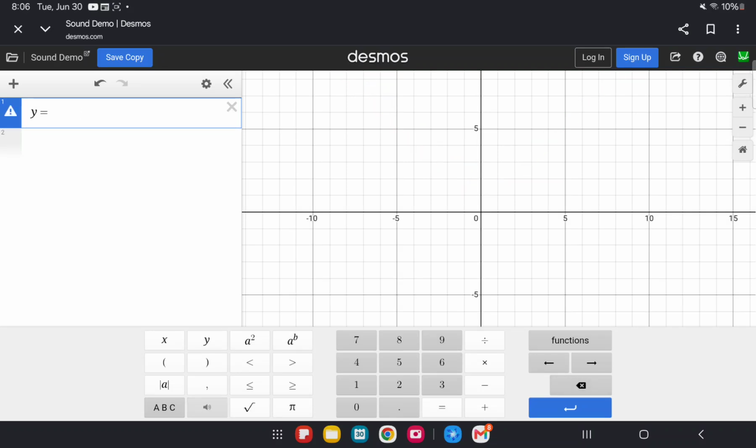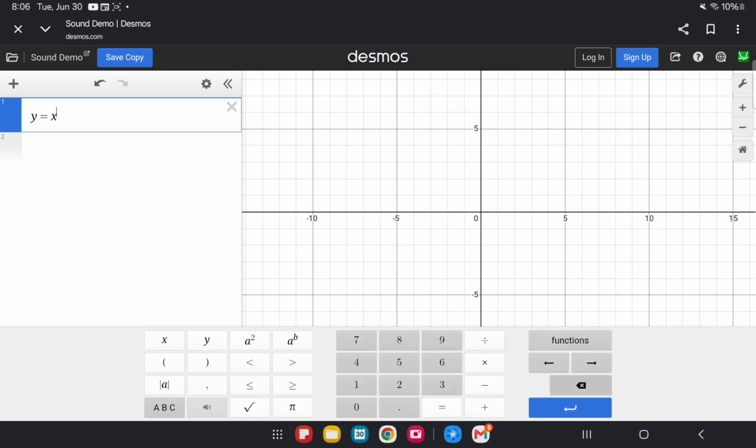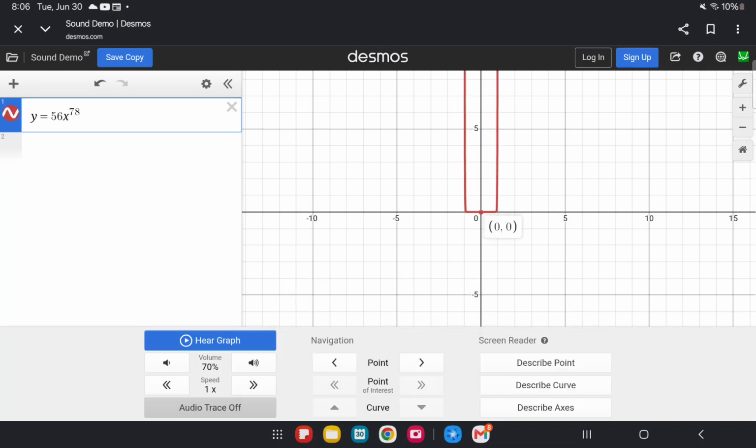Now let's use y is equal to x squared and hear how it sounds. What? Are you going to chirp? Now let's use y is equal to 56x raised to the power of 78.